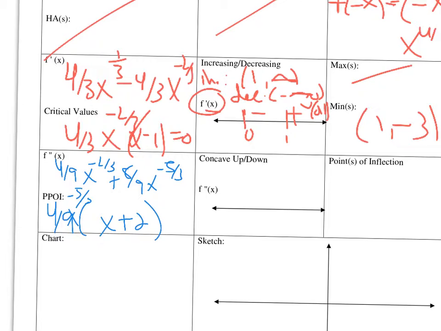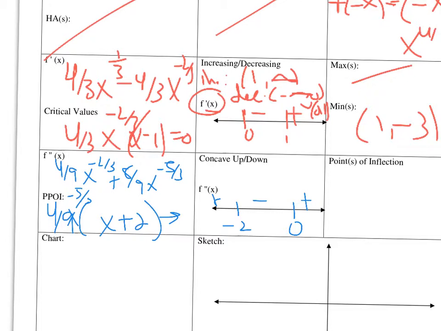Okay, so you end up with, again, 0, but also negative 2 here. So negative 2 and 0, plug in values around your second derivative. Pause the video, take a second to do that. So you should end up with plus, minus, plus here.